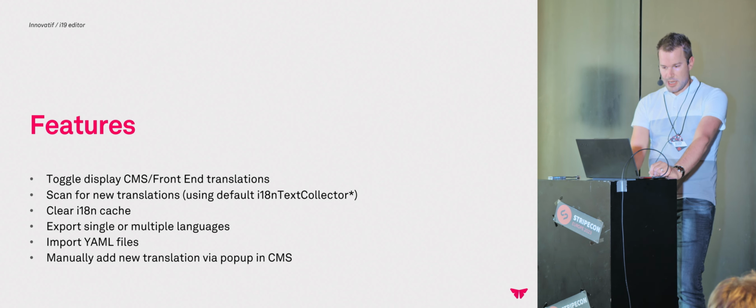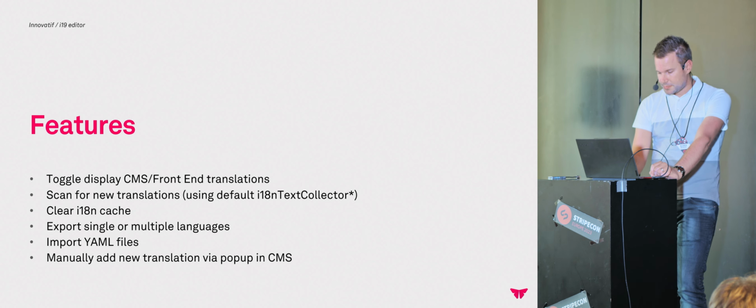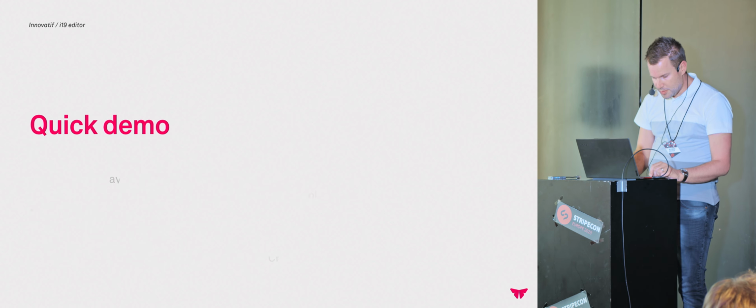You can clear the i18n cache from the editor, and you can export single or multiple languages at once. You can even import new YAML files, or you can add new translations via the pop-up in the CMS. I'm now going to show you a quick demo.